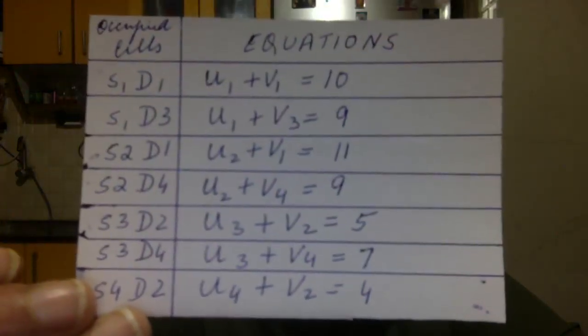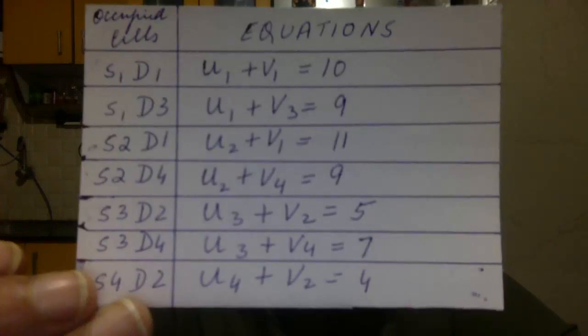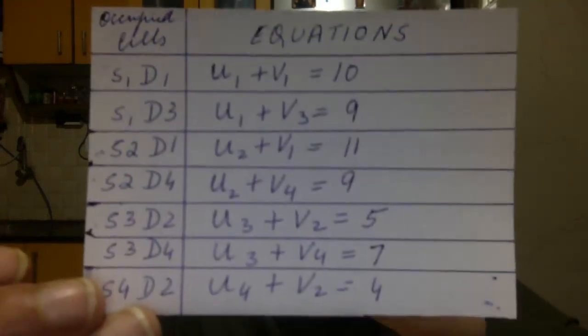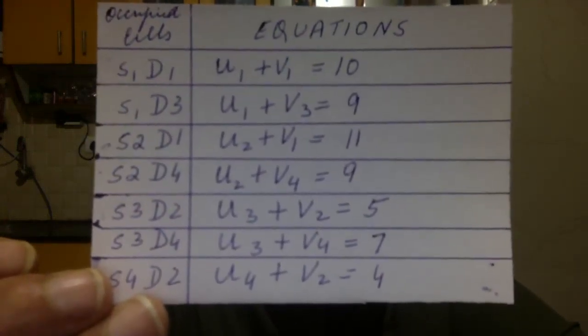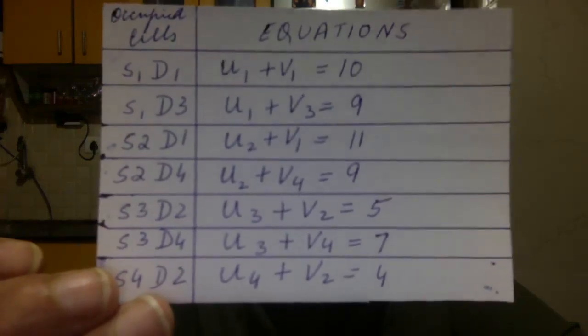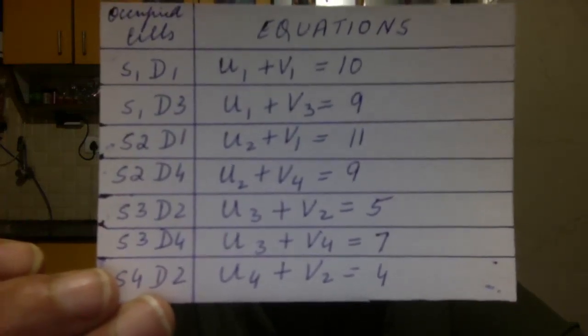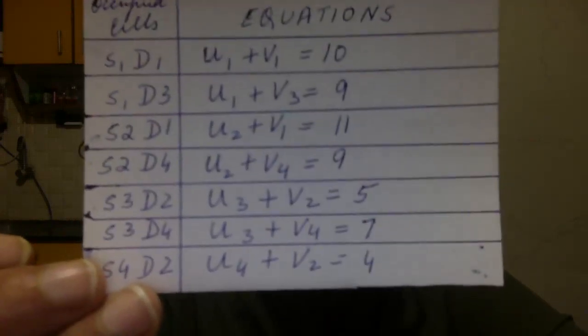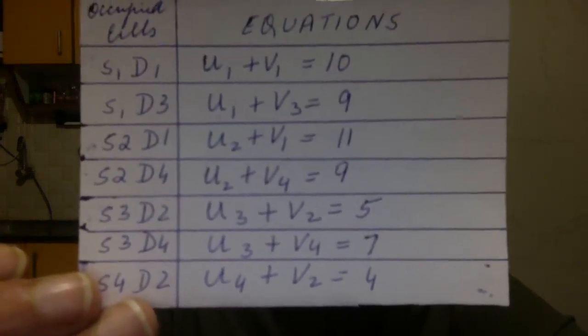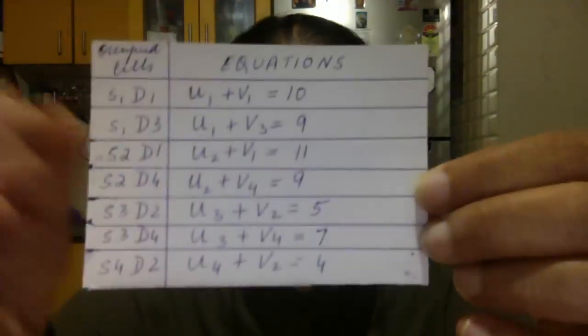Next is S4 D2, so U4 plus V2 is equal to 4. We will check U1 plus V1, U1 plus V3, U2 plus V1, U2 plus V4, U3 plus V2, U3 plus V4, U4 plus V2, and the numbers are 10, 9, 11, 9, 5, 7, 4. So these are our equations.